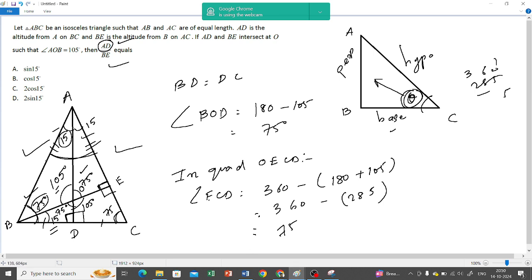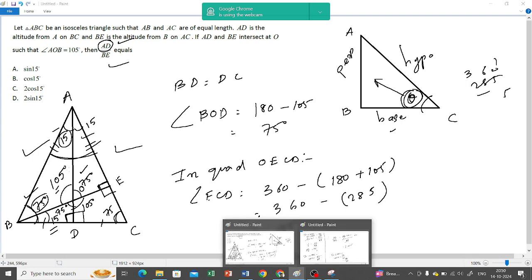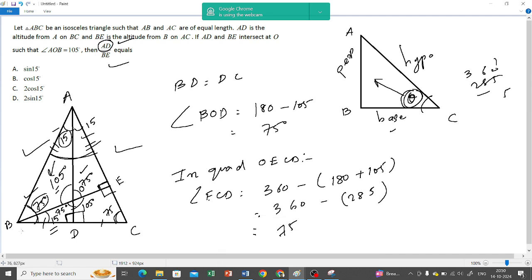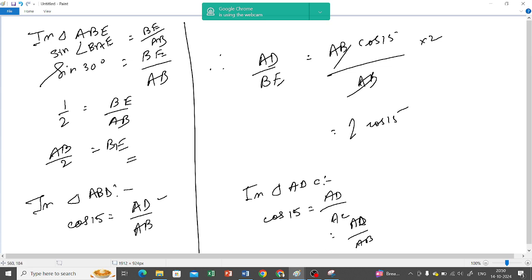Sine angle BAE is perpendicular by hypotenuse. দেখো 30 এর উল্টো সাইডে BE আছে, আর হাইপোটেনিউসটা AB। So sin 30 is BE by AB. What is sin 30? Half. So BE is AB by 2.